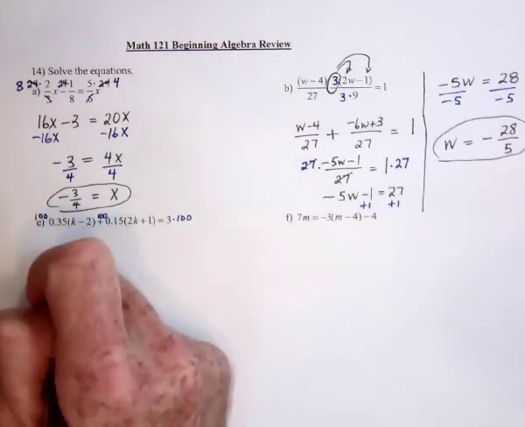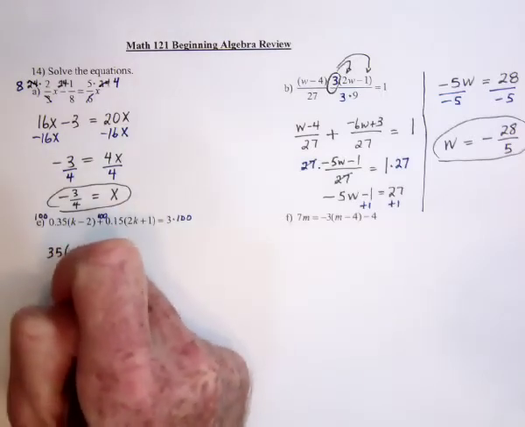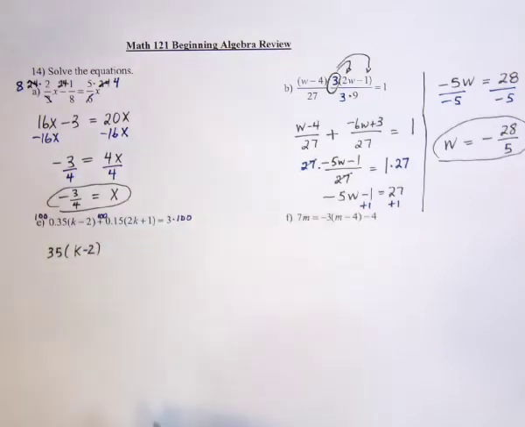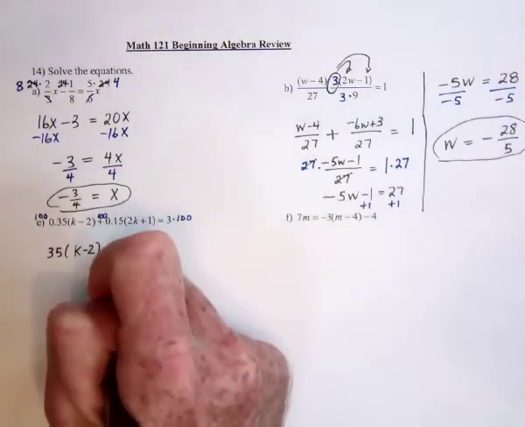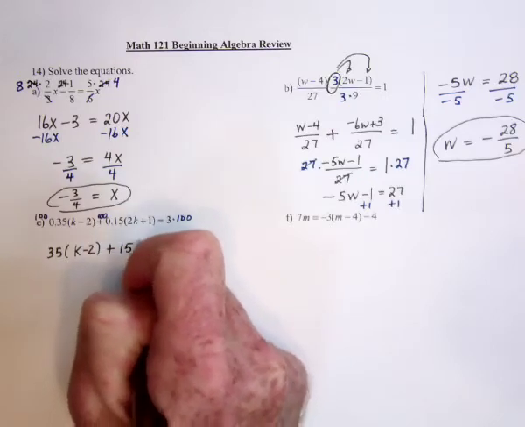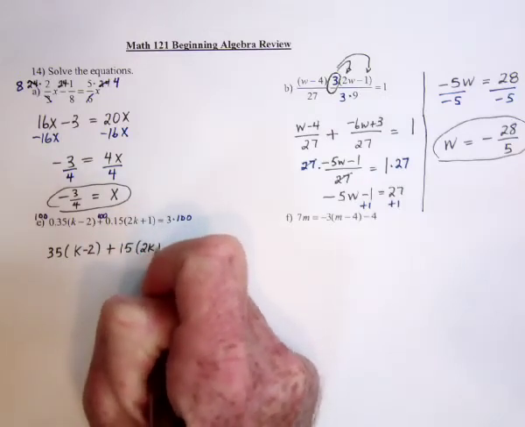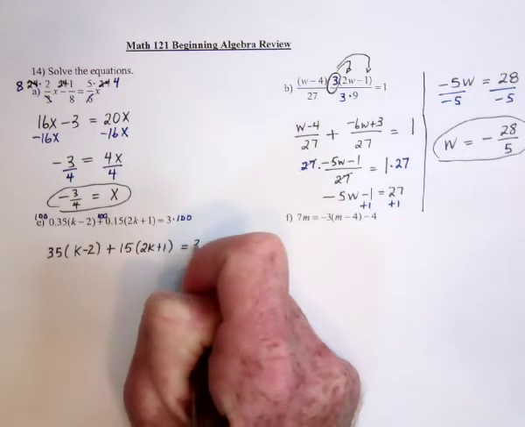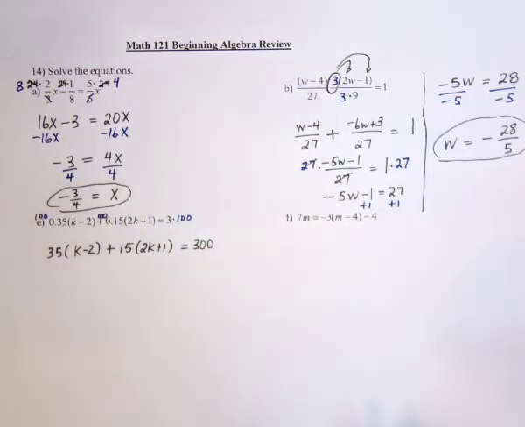This one becomes a 35. And then there's still the parentheses k minus 2. Plus, this one becomes a 15, and the parentheses 2k plus 1 is there, equals 300. And then distribute.